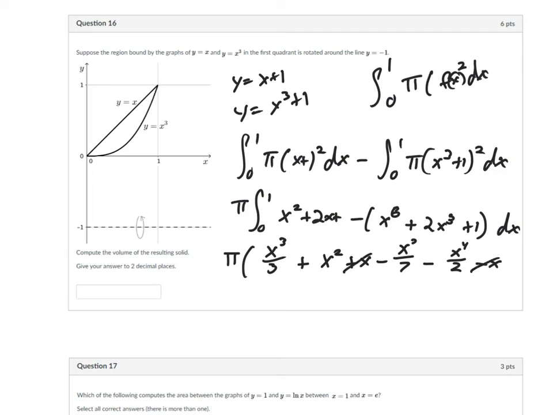Those x's will cancel conveniently. And then we will go ahead and plug in 0 and 1. So whenever we plug in 1, we have pi times 1/3 plus 1 minus 1/7 minus 1/2. All of that times pi will get you an answer that is equal to 2.17.